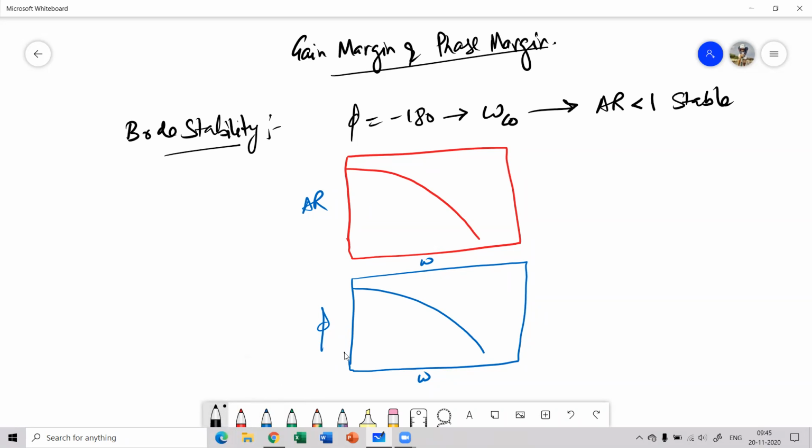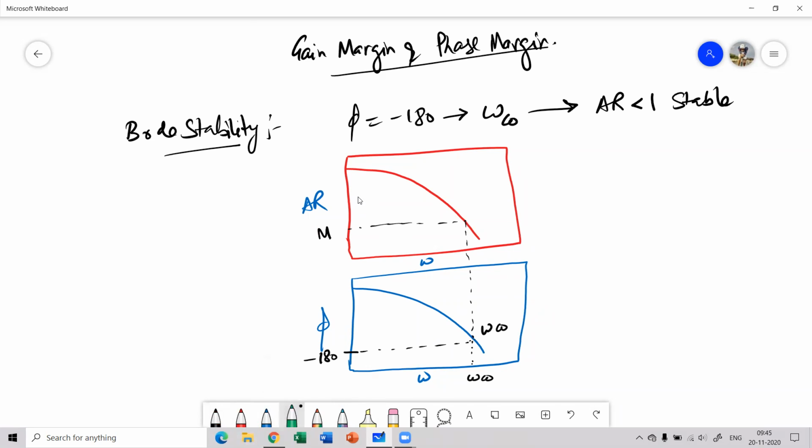Now, corresponding to a phi of minus 180, let me get a value of omega C naught. Corresponding to this omega C naught value, what is the value of AR? Let's say that value of AR comes out to be M. This is the first condition.